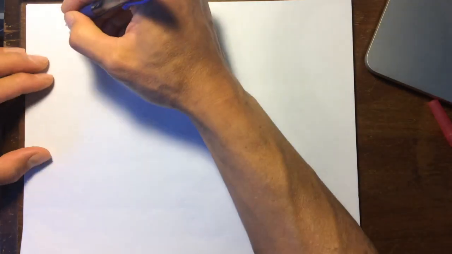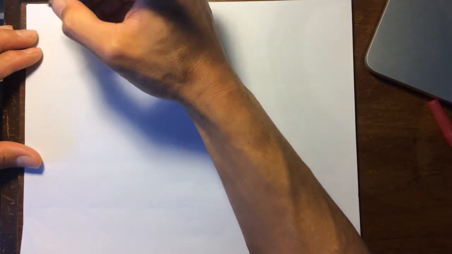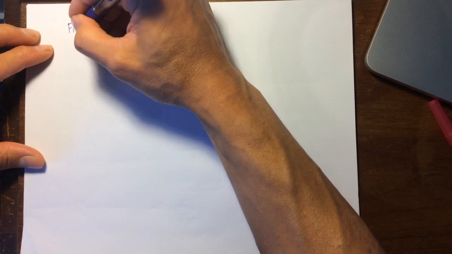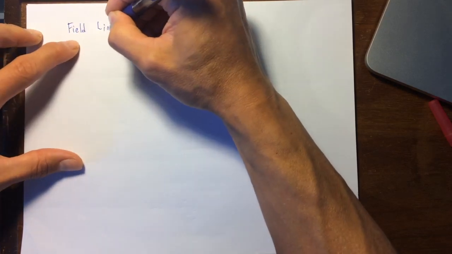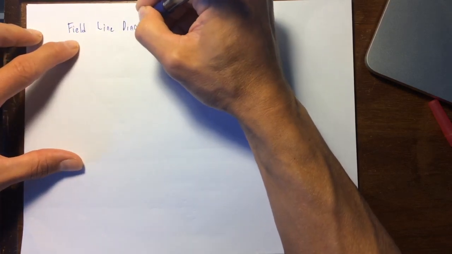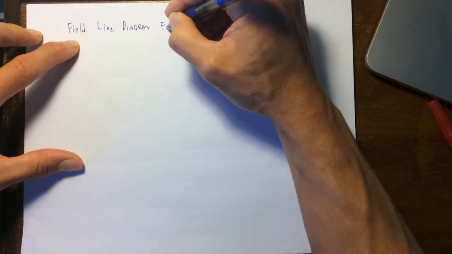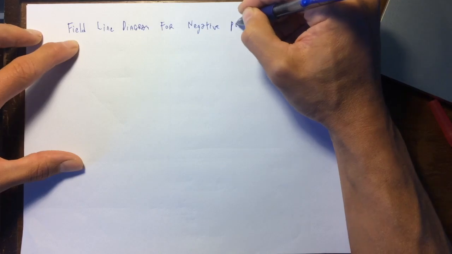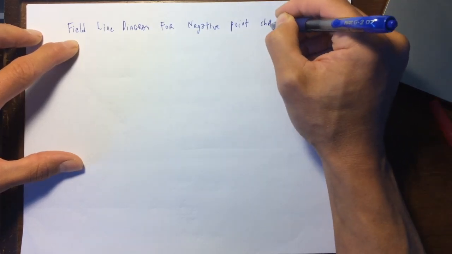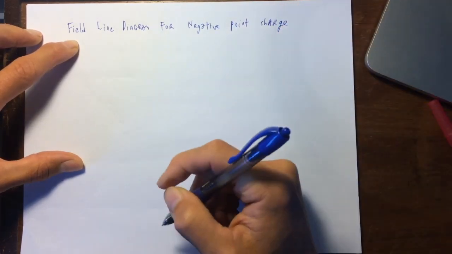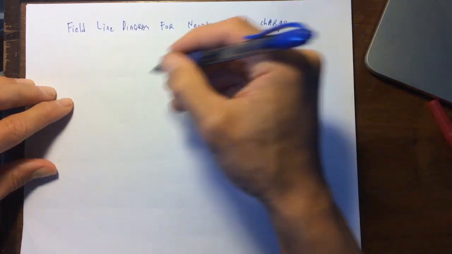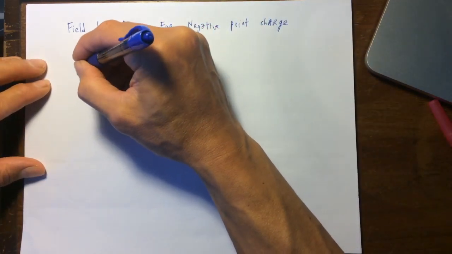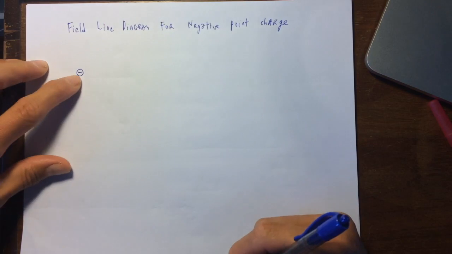All right, so let's move on and do a negative point charge. So this is the field line diagram for a negative point charge. Same thing goes. Here is the negative point charge.